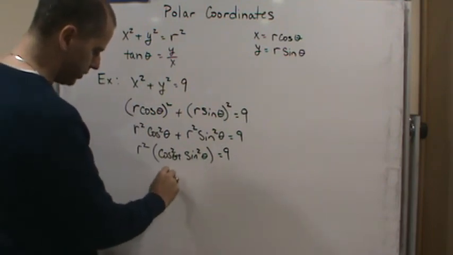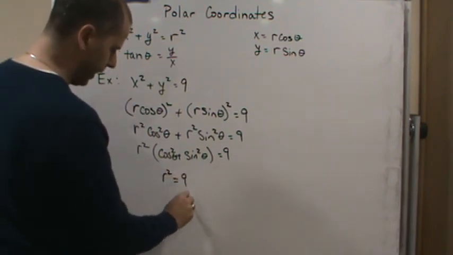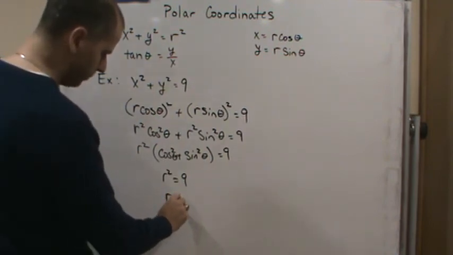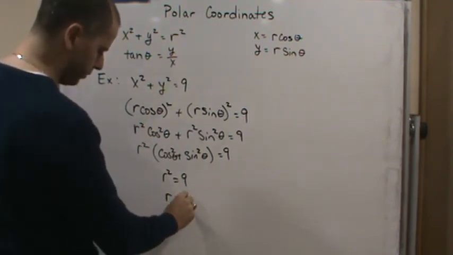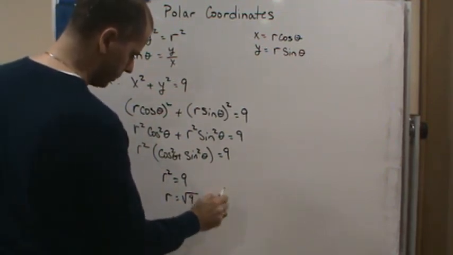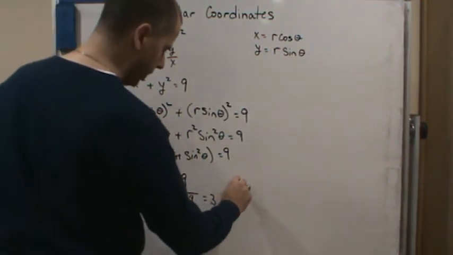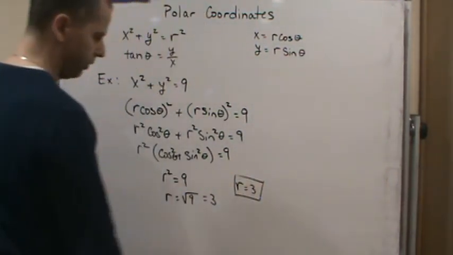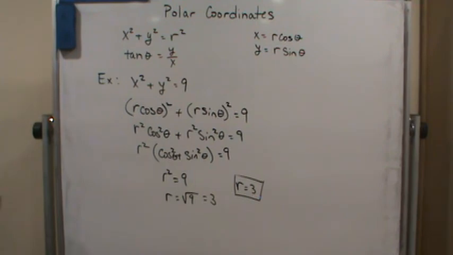So we get r squared equals 9, which then tells us that r is equal to the square root of 9, which equals 3. And so our equation becomes r is equal to 3, which is what we thought it was going to be.